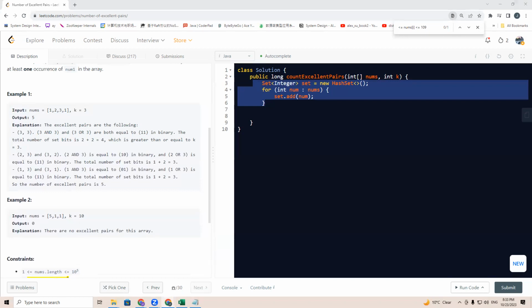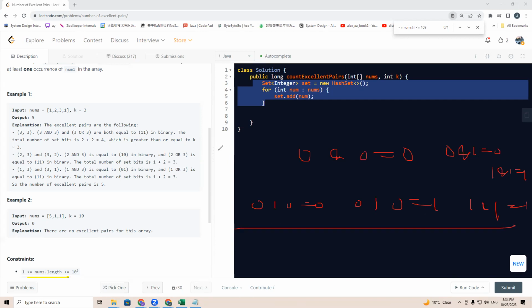There is another thing about bits. 0 AND 0 equals 0, 0 AND 1 equals 0, 1 AND 1 equals 1. And 0 OR 0 equals 0, 0 OR 1 equals 1, 1 OR 1 equals 1.